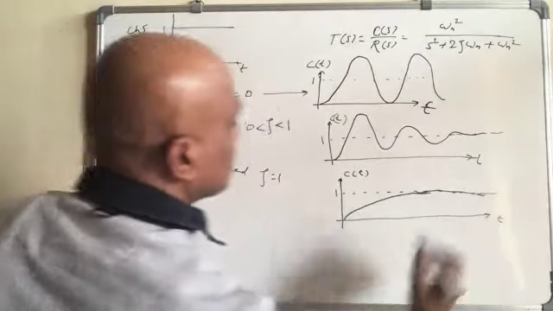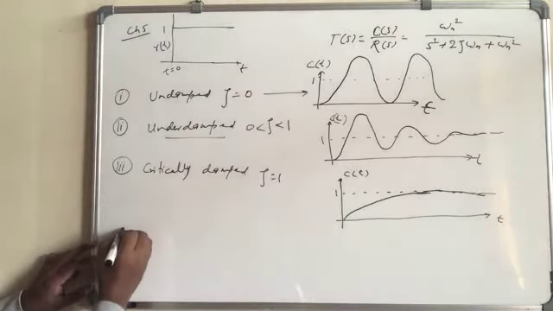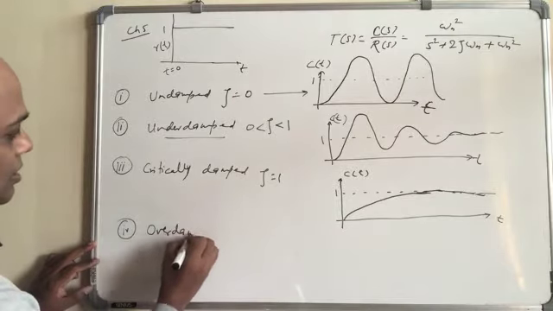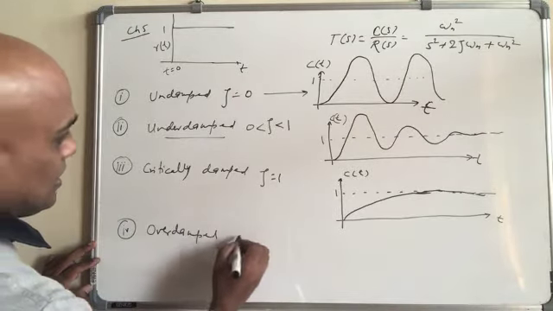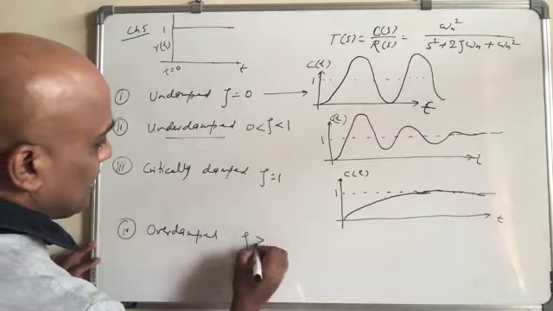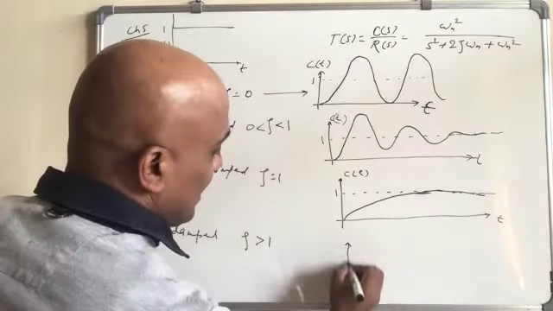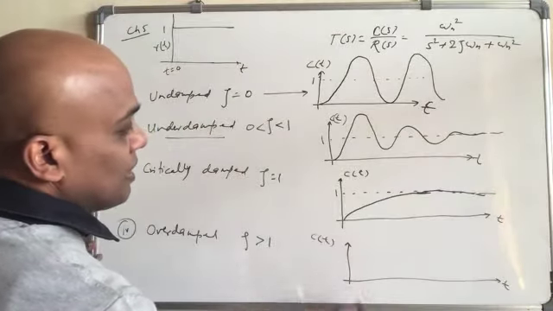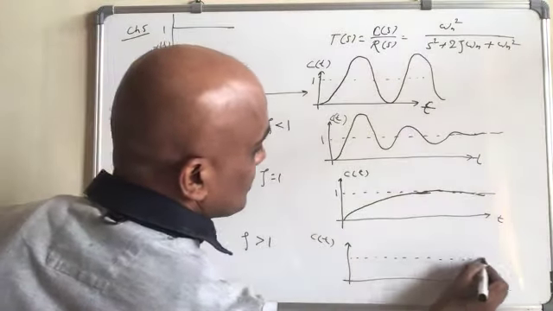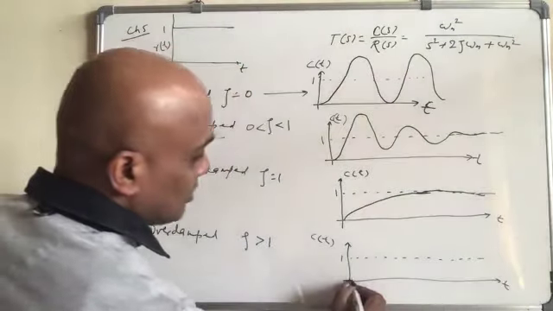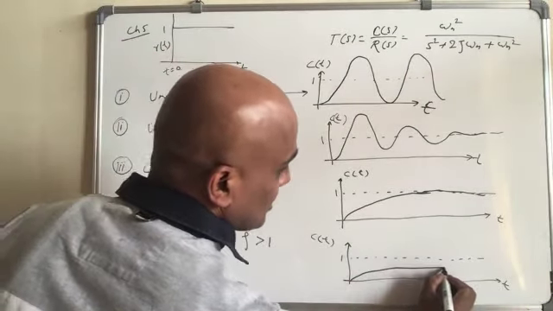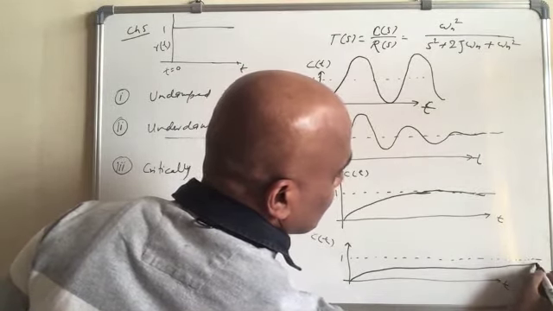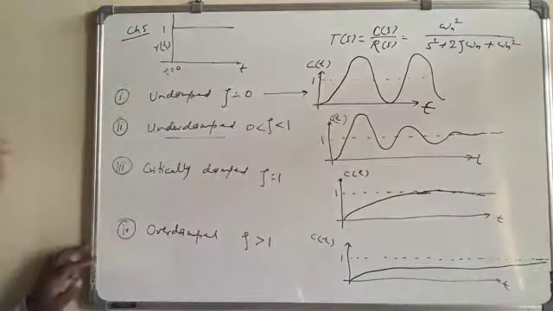And then number 4, this is overdamped, and in this case zeta greater than 1, and the c(t) will look like, if this is reference equal to 1, very slow. It will take a lot longer to actually go to the reference value.